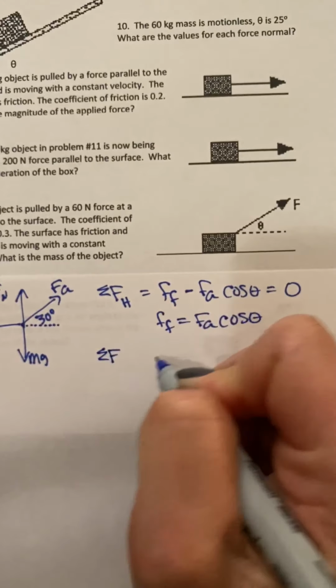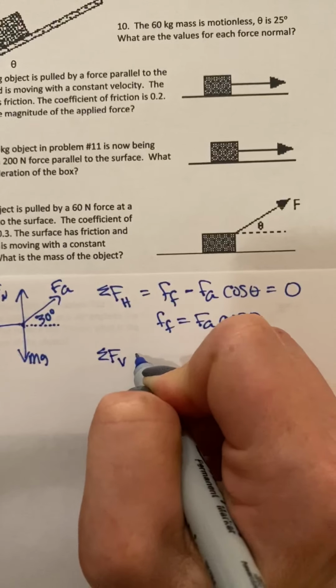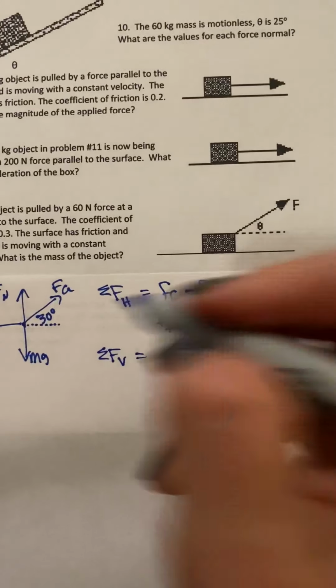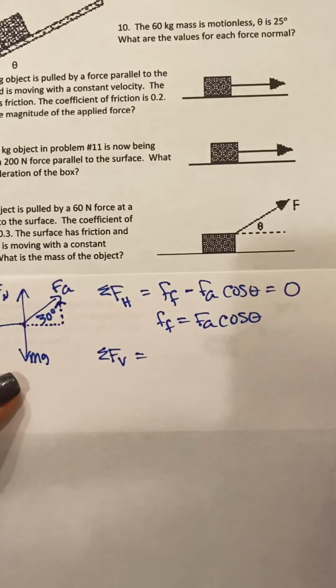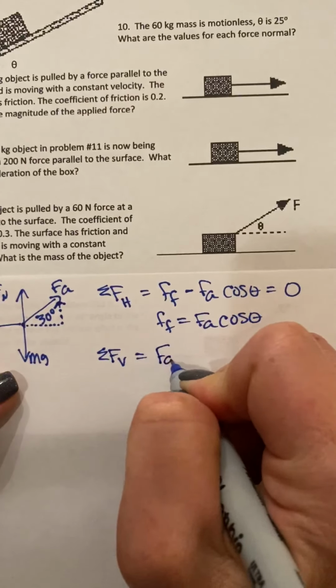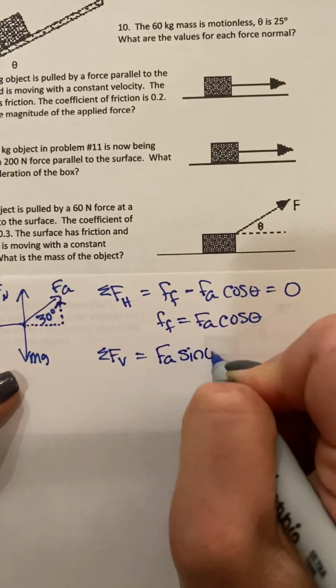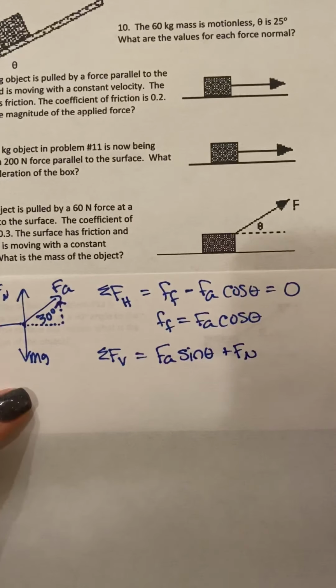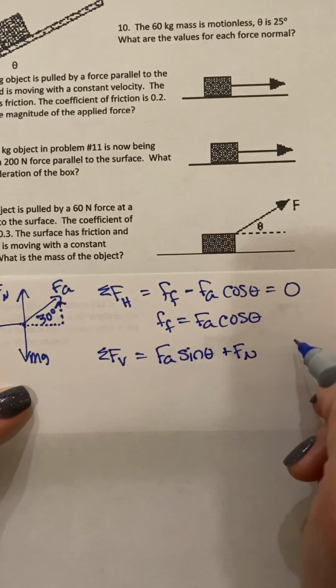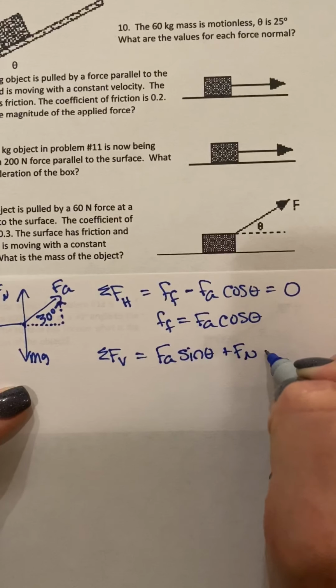The sum of my forces in the vertical direction: I'm going to have my two upward forces, so the sine component of FA plus my force normal, and they're acting opposite my gravitational force.